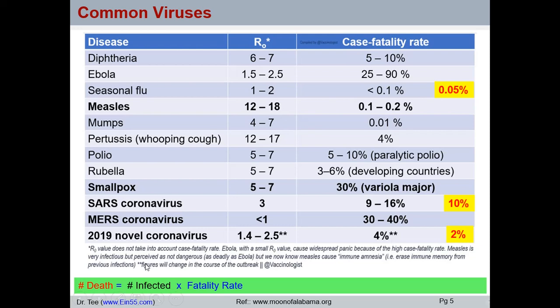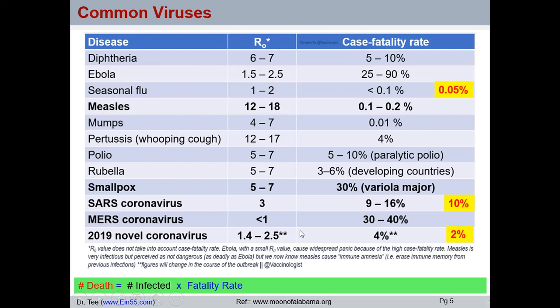This is the equation to compute the number of death cases, which is a function of the number of infected multiplied by the fatality rate. And there's one parameter called R naught. R naught basically measures, if one person is infected, how many more people this person could infect.